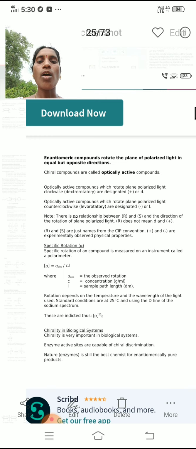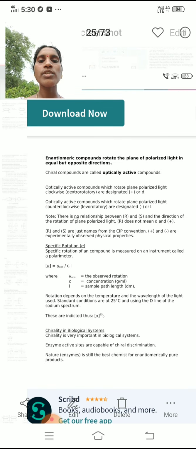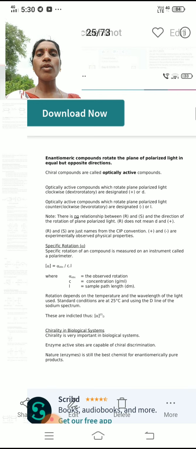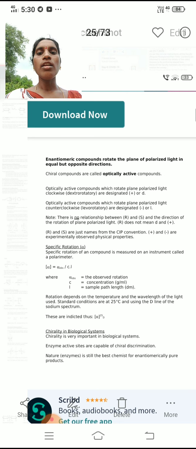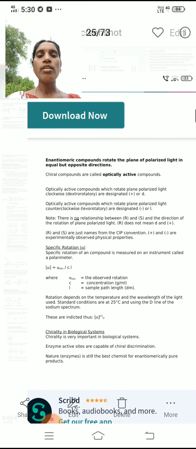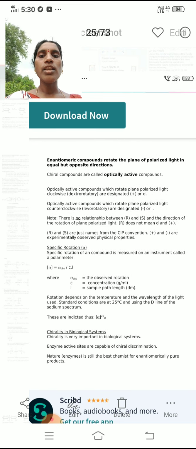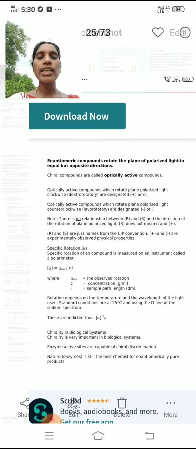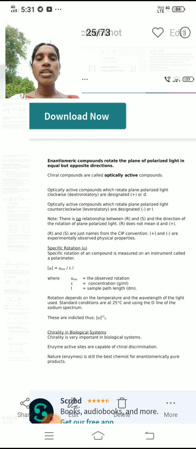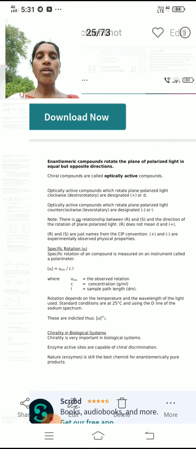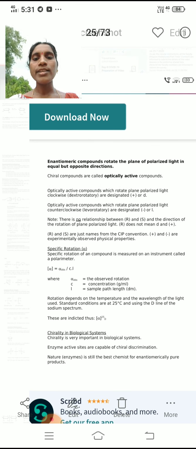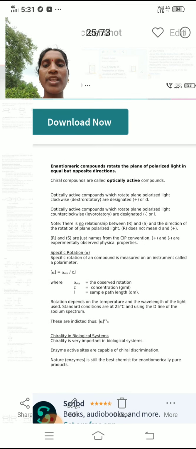The optically active compounds which rotate it anti-clockwise, to the left, are called levorotatory compounds, designated with small l, or indicated as minus.